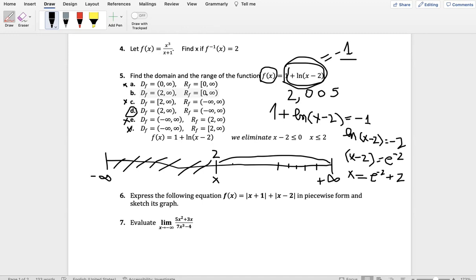So what we're trying to figure out now is, let's say that this function is equal to -1, and we try to solve for x.